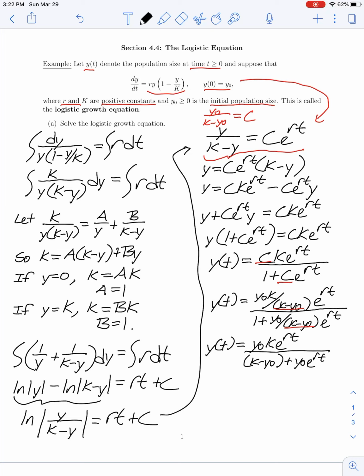Or what you would typically see for the solution in a mathematics textbook is what we would get if we simplify this equation a little bit further. So in order to simplify this, we could multiply our numerator and denominator through by e to the negative rt.